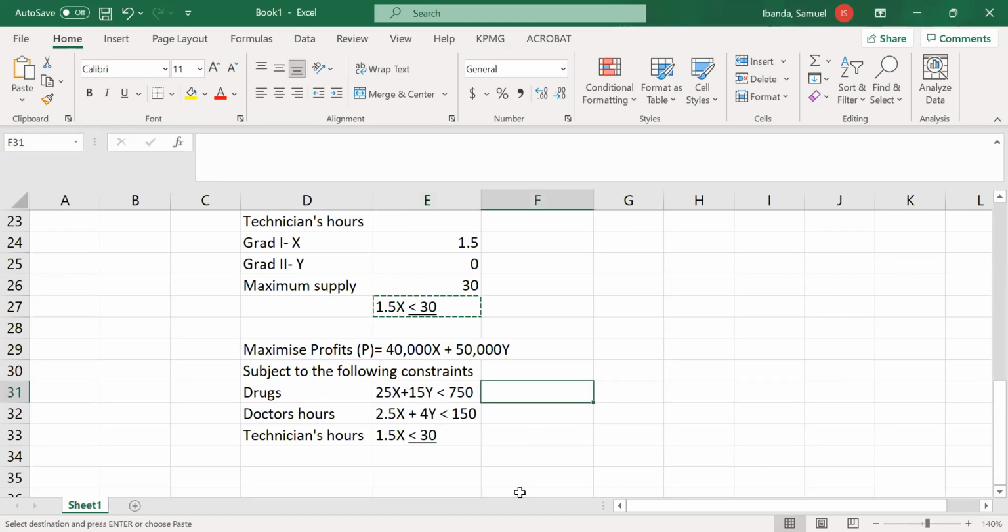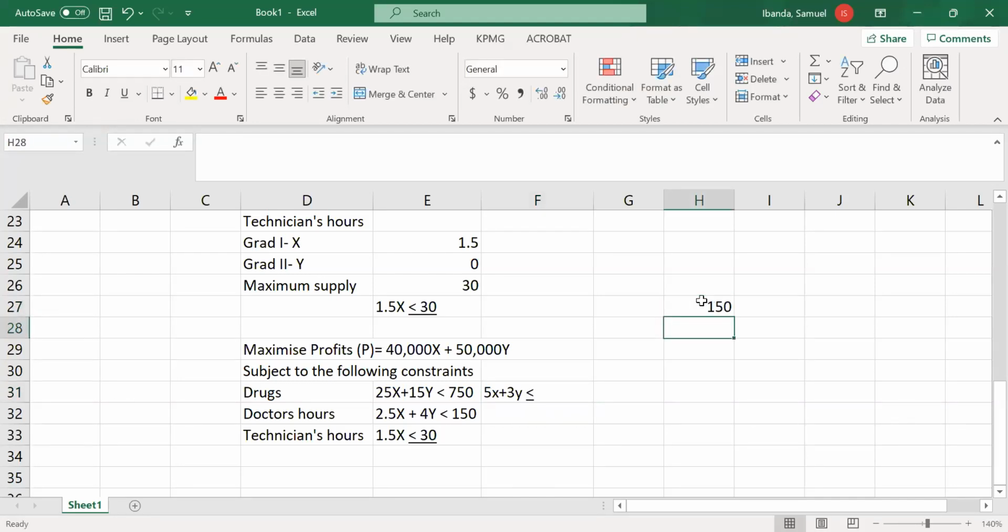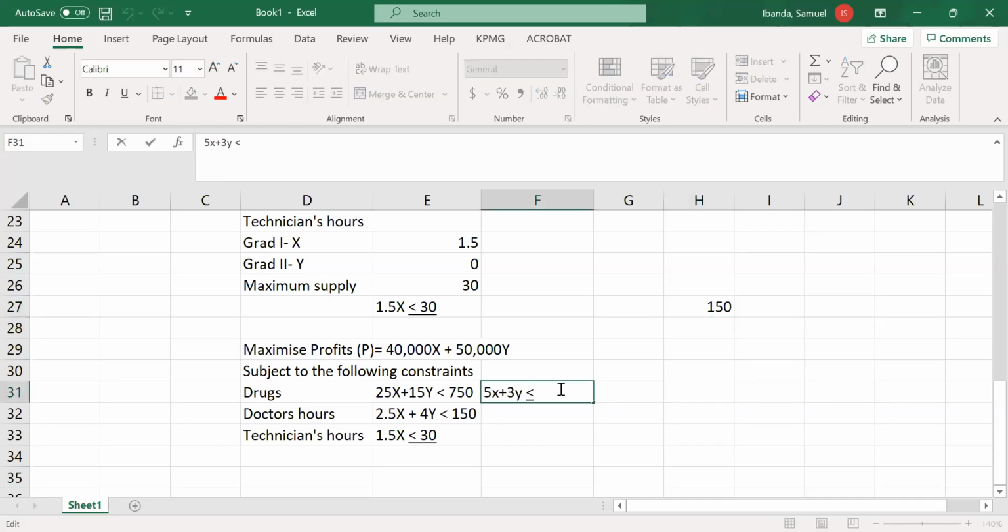So we can divide by 5 across, and this simplifies to 5x plus 3y. Still, this is mathematically true. When you get 750 divided by 5 gives you 150. So it should be less or equal to 150.